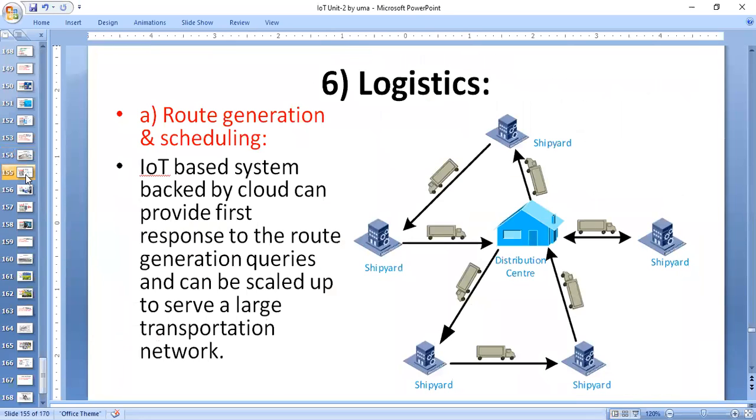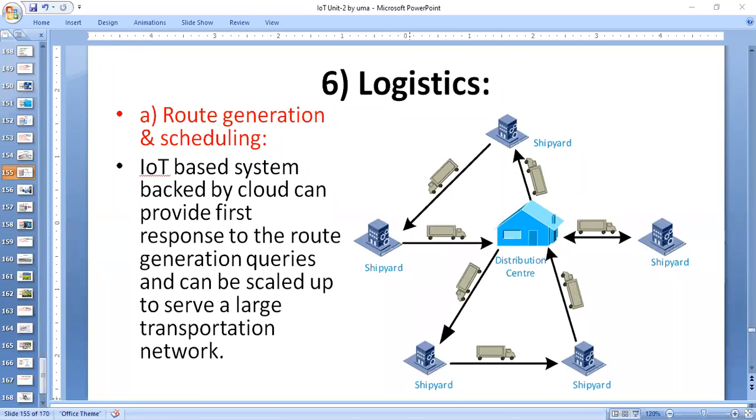Coming to the first one, route generation and scheduling. How can you generate different routes here? The modern transportation system is driven by data collected from multiple sources, which is processed to provide new services to the stakeholders.